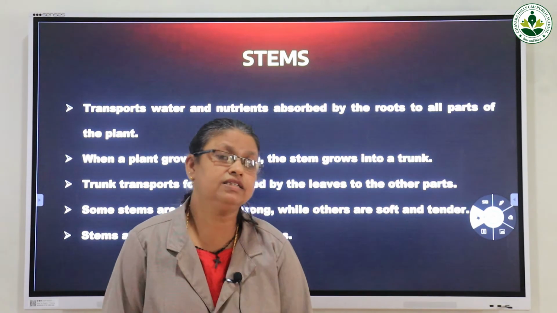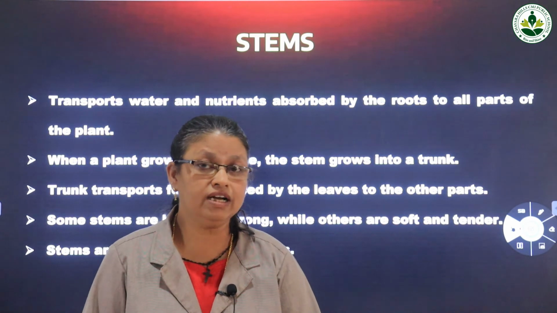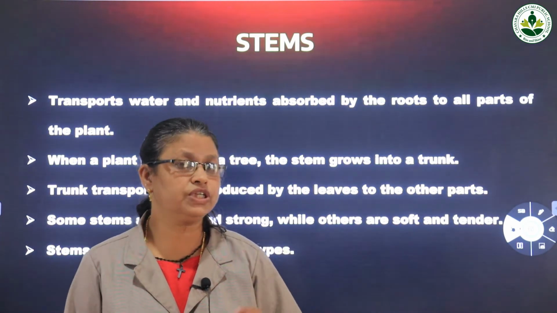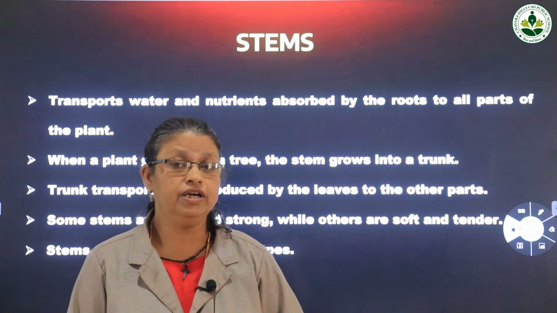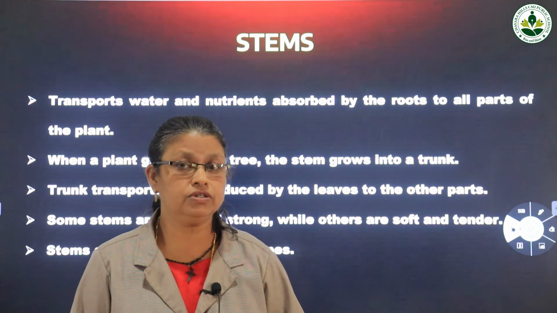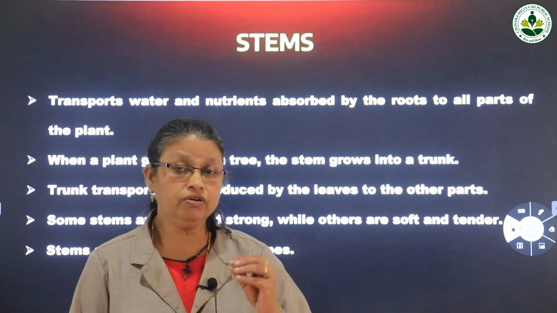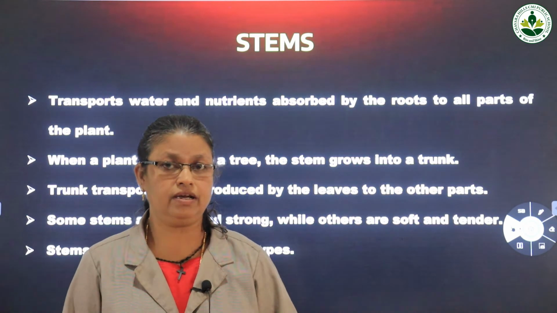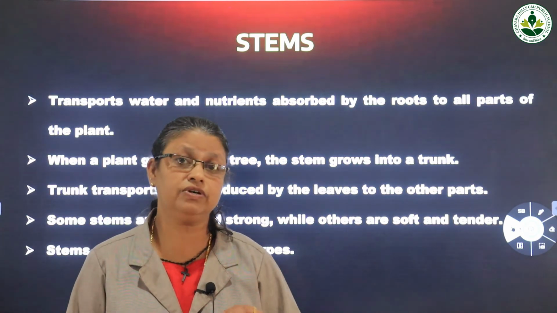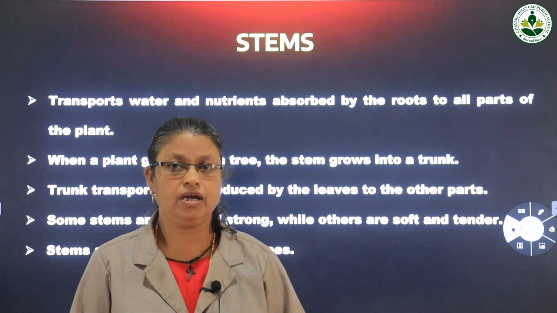So in the lower classes, in class 3 you have studied the functions of stem. What are the functions of stem? Stem holds the plant straight and also it transports water absorbed by the roots to different parts of the plant, and we know the leaves prepare food for the plant, and that food is also transported to all the parts of the plant by the stem.